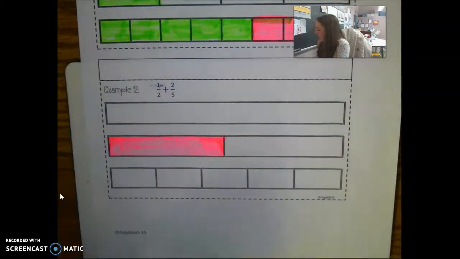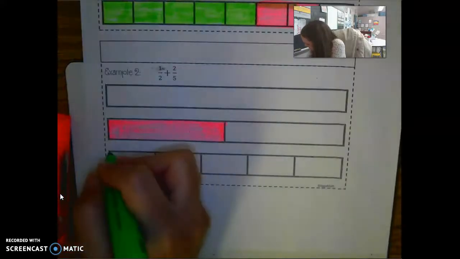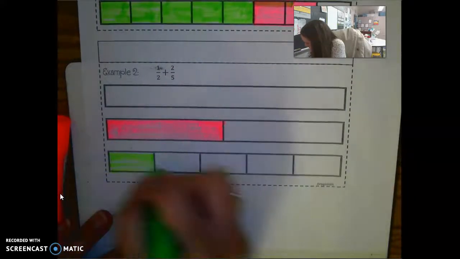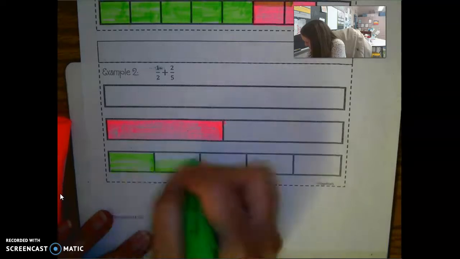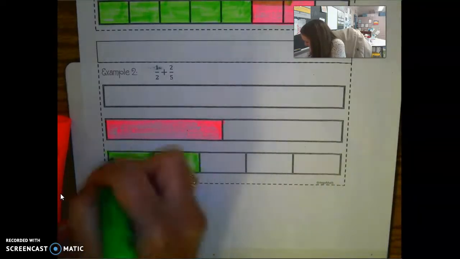And then let's color in our 2/5 with green. My green is running out.